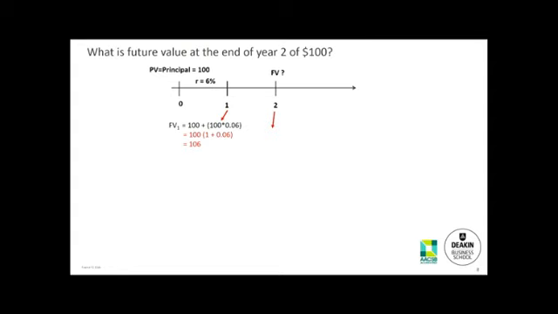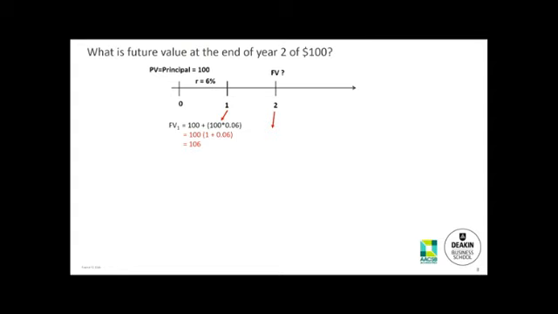Am I right? But from year zero to year one, we have $6 interest. Am I right? This $6 interest will generate interest between year one and year two. Interest on interest. This is named compound interest.